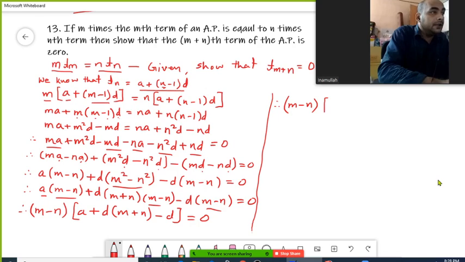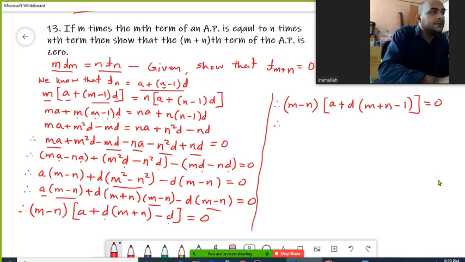On the other side, in the other bracket, we can take out d as a common factor. So here we have a plus d as a common factor, (m plus n minus 1) is equal to 0.